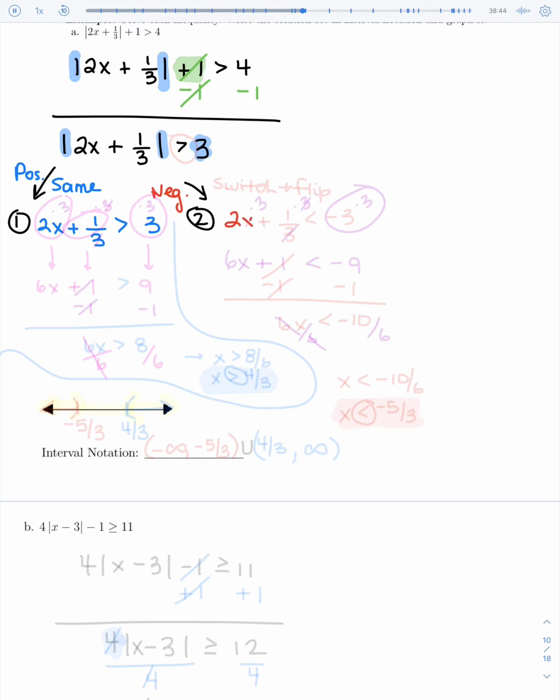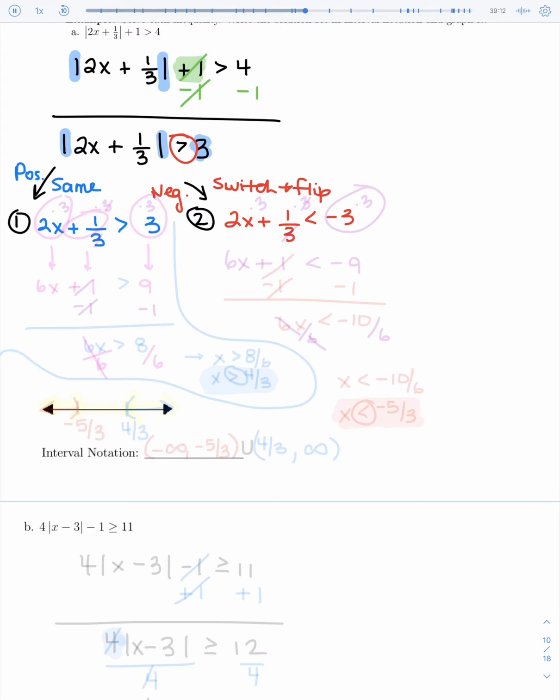So we've got (2x + 1)/3. We'll have a negative 3 in the negative version, and instead of the inequality being a greater than, it's going to flip direction and become a less than. So we switch the signs, and we flip the direction of the inequality. Then we've got two inequalities that we can solve that are much smaller and much easier to deal with.